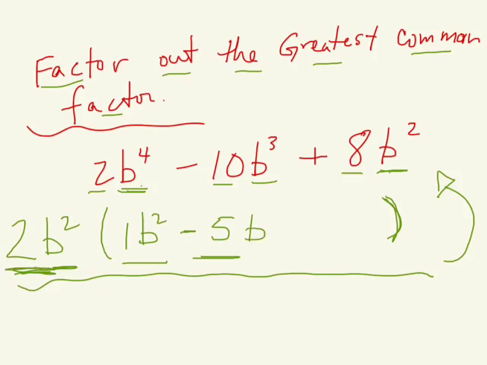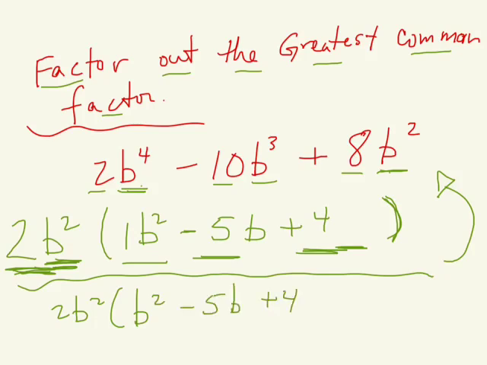All right, 2 times what is a positive 8? Well, 2 times a positive 4 is a positive 8. And then let's talk about this. B squared times what is b squared? Well, b squared times nothing is b squared. So what you actually have is this 2b squared times b squared minus 5b plus 4 in parentheses. That's your answer. You're factoring these out.